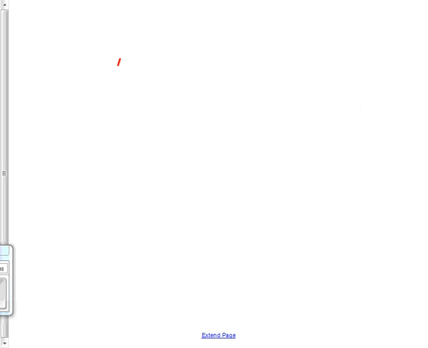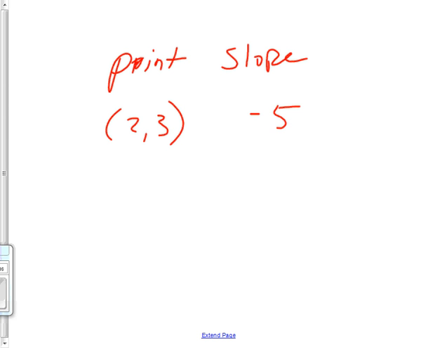Last thing, if I'm going to give you a point and a slope, and I say the point is 2 comma 3, and the slope is negative 5, could you write the equation for it? Good. Do it. If you don't have this thing memorized, you better memorize it now, because it's going to come up a lot.